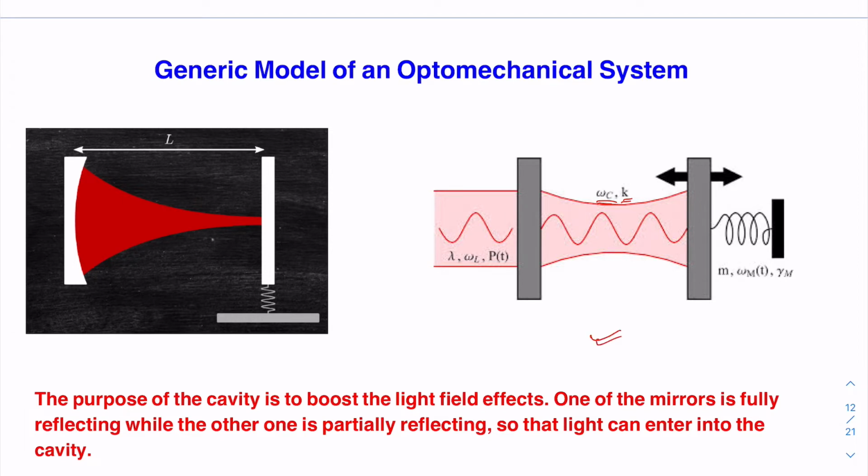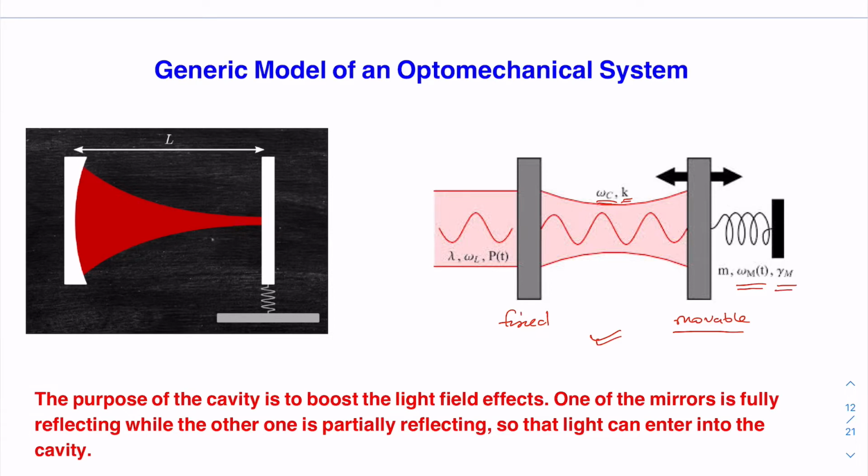Okay, and as I said already, the generic model of an optomechanical system is represented by this diagram. We have a fixed mirror here, and another mirror is movable. Because this is a vibrating oscillator, we can consider it has some mass m and oscillation frequency omega m, and the quantum of vibration is the phonon. The phonon may decay at the rate gamma m.